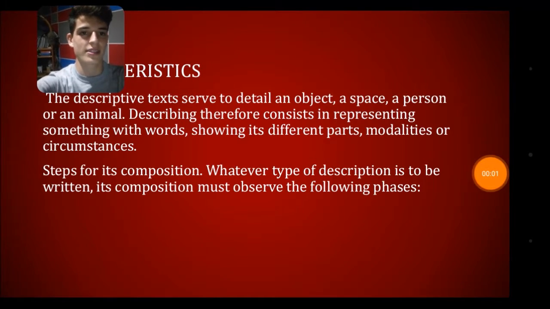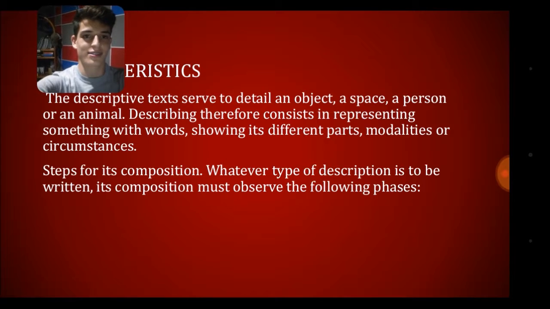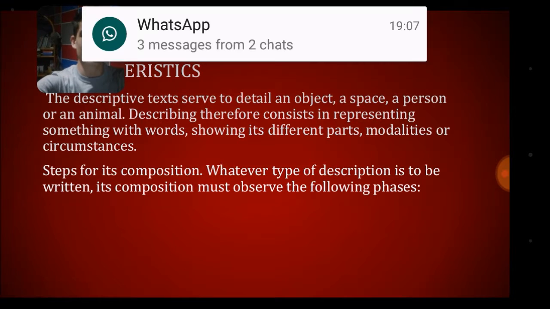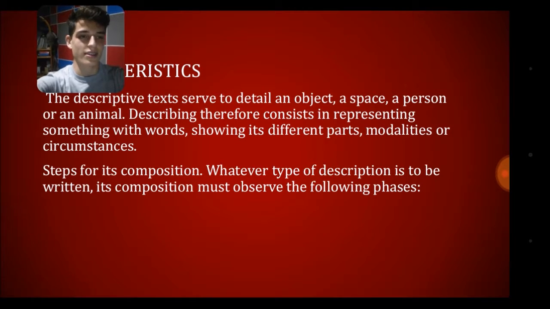Characteristics of a descriptive text. The descriptive text, oral or written, is one of the four basic textual modalities and consists of representing in words the appearance of a person, animal, object, landscape, emotion, or environment, explaining its characteristics, parts, and qualities.